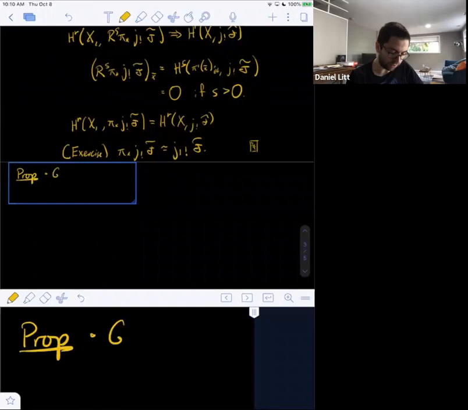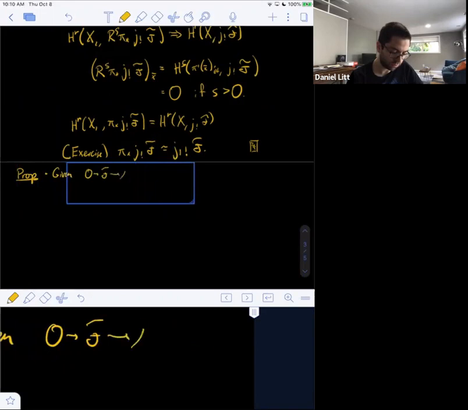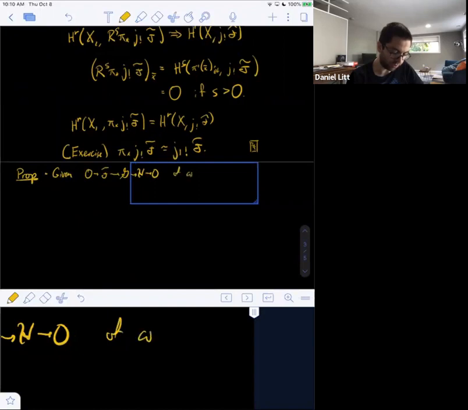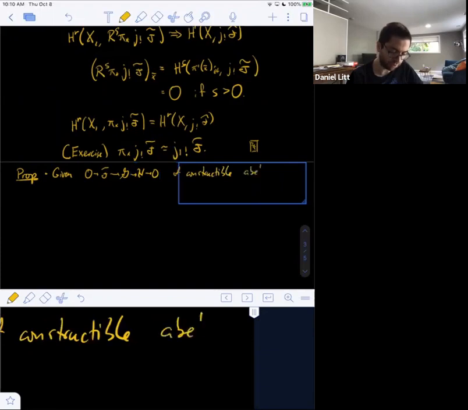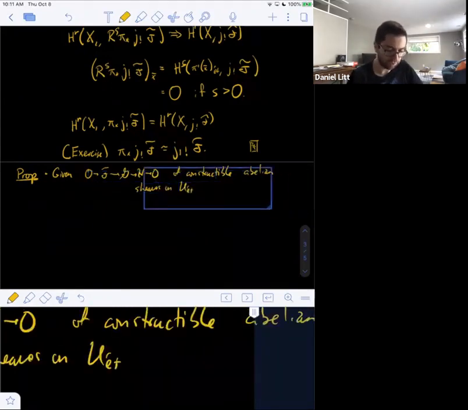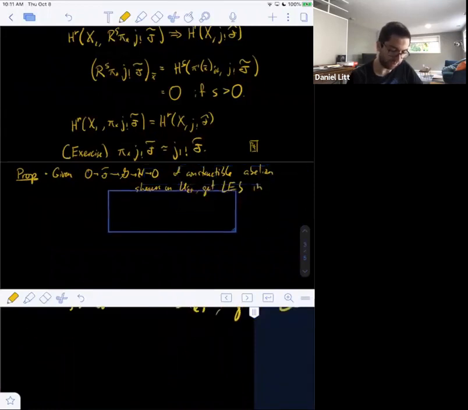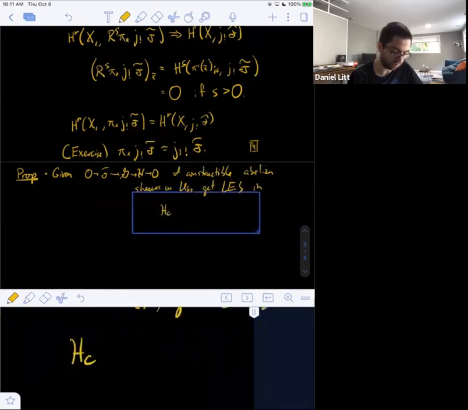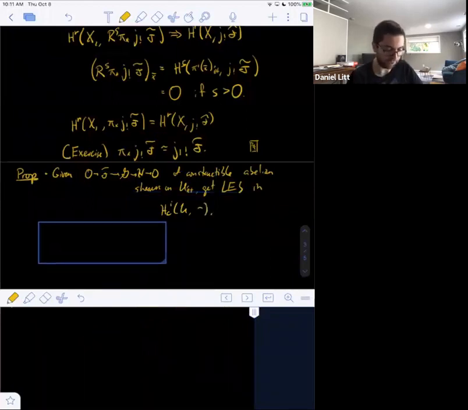First of all, given a short exact sequence 0 to F' to F to F'' to 0 of constructible abelian sheaves on the étale site of our separated scheme U, we get a long exact sequence in compactly supported cohomology. And maybe I won't write that out unless there's a request.